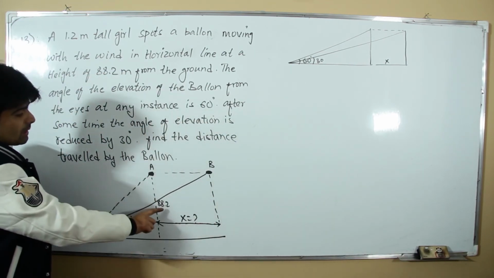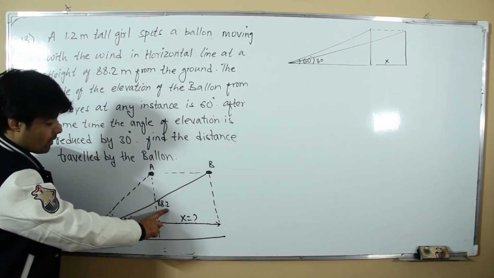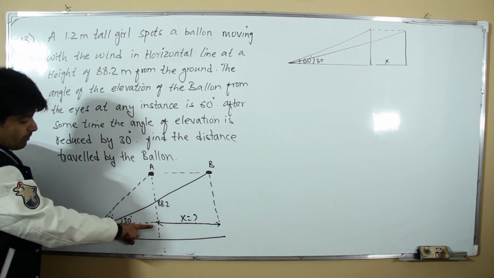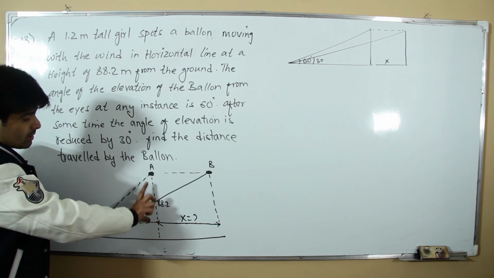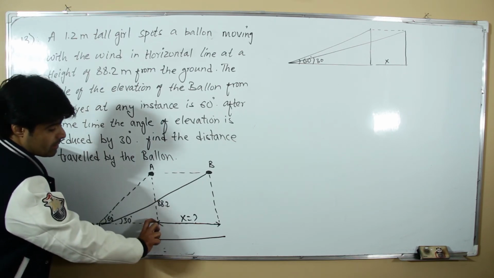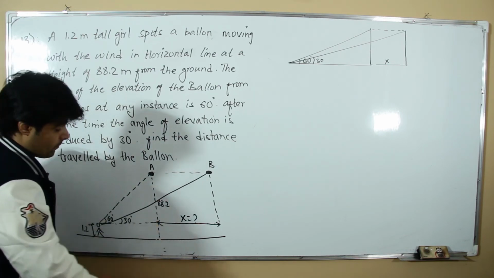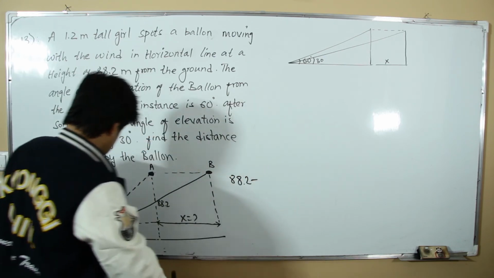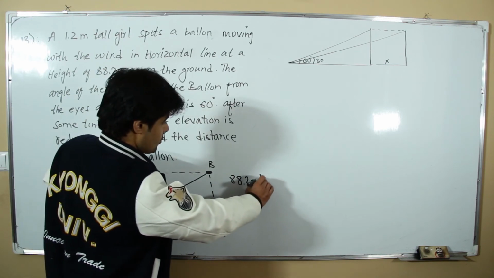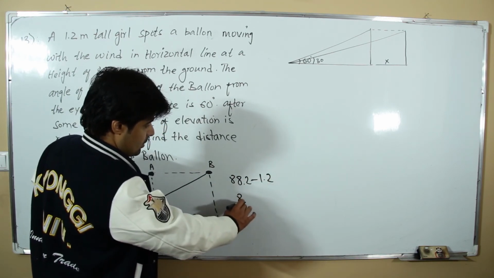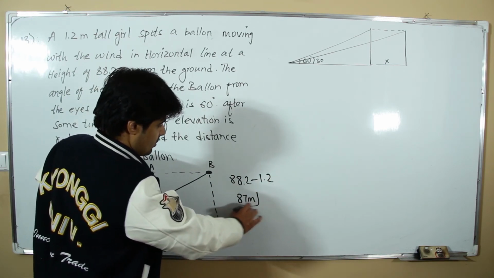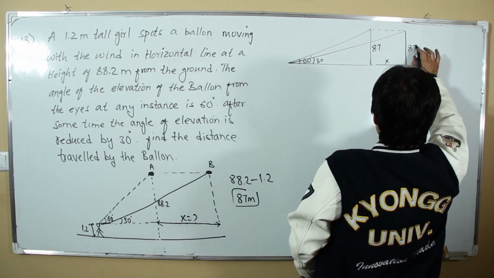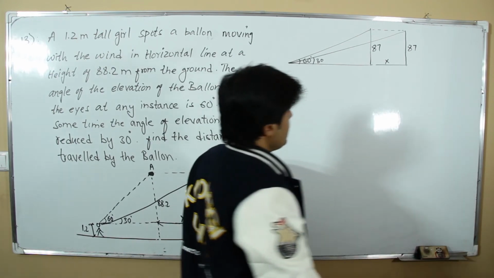Opposite is not 88.2. It is 88.2 from the ground, but from the angle of elevation it is 88.2 minus the girl's height. It means 88.2 minus 1.2. It is what? 87 meters. So this is 87. This one is also 87. Now you have to find x.